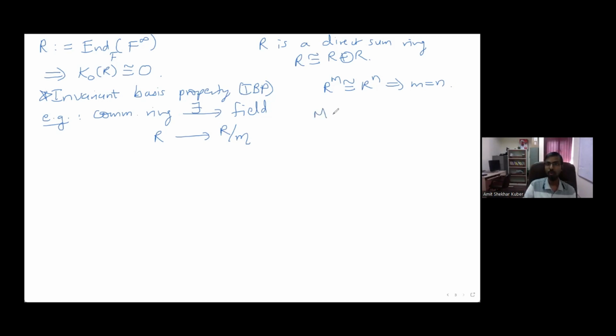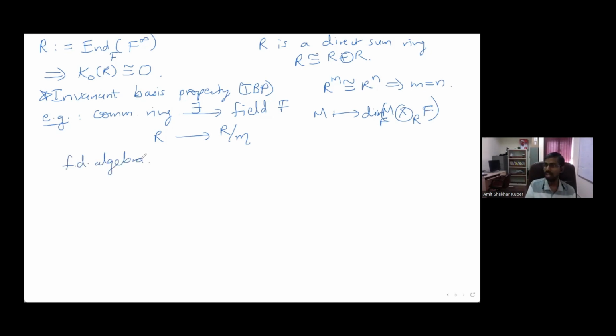In the case of a commutative ring, mapping to a field F and taking the tensor product, this particular number is well defined. And for that reason, IBP holds. More generally, even a finite dimensional algebra also has IBP.